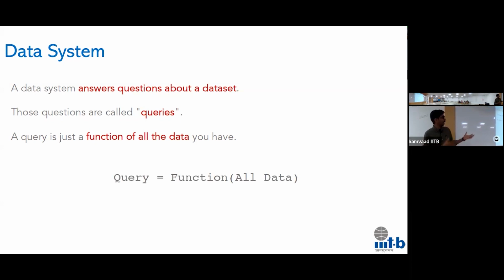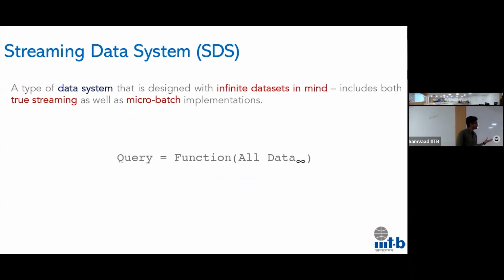And you can think of a data system in this generic formula. But when it comes to streaming data systems, this is a data system which is designed with infinite data in mind. We'll see what this infinite data is, but the formula would remain the same. We are performing a query, which can be any sort of query, on top of that infinite data.